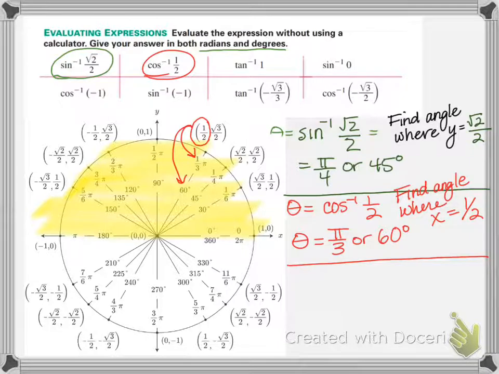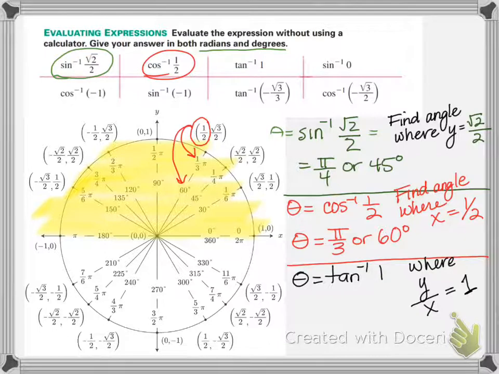Let's try another one. Tangent inverse of 1. So let me write it in a different color here. Theta equals tan inverse of 1. So where is it that y over x, if you divide the y and the x, where will it end up being a 1?